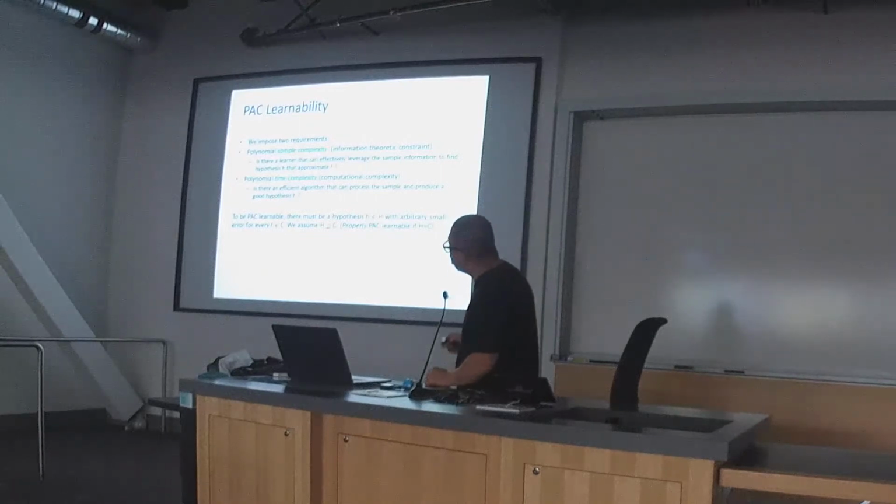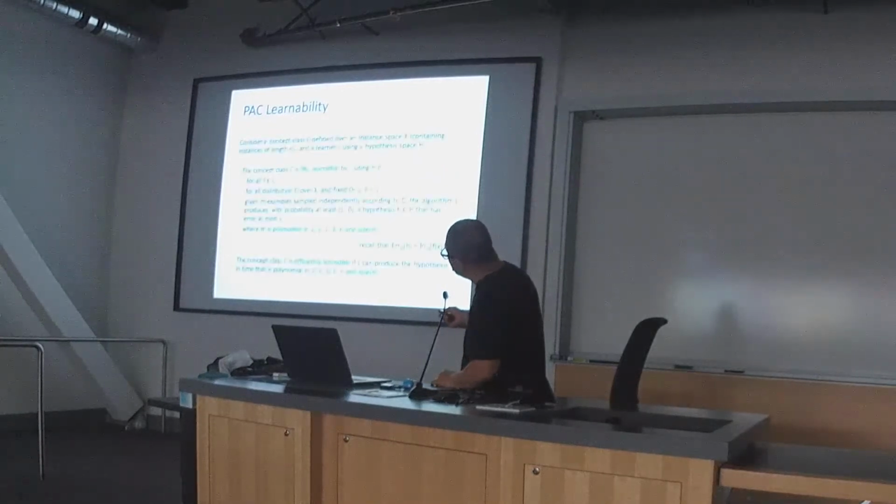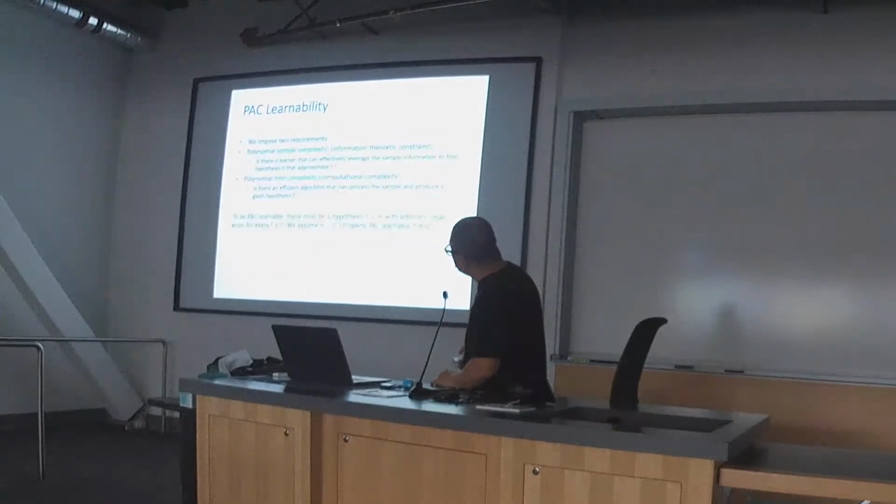And also, PAC learnability is a strong requirement because remember, it must be satisfied for every possible distribution, at every possible level of epsilon and delta. That means that for any given error, or arbitrarily small error, for every target function f, we can always find a hypothesis h whose true error is less than this level.